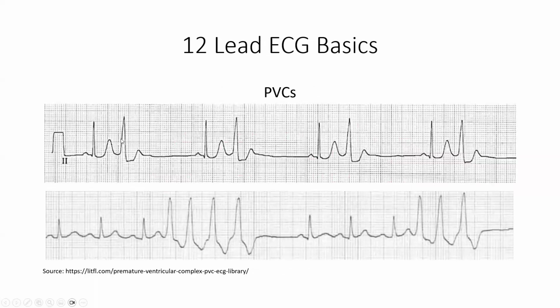PVCs can occur every other beat, bigeminal. 3 beats in a row would be considered a triplet. Once there's 4 PVCs in a row, we would consider that to be non-sustained ventricular tachycardia.